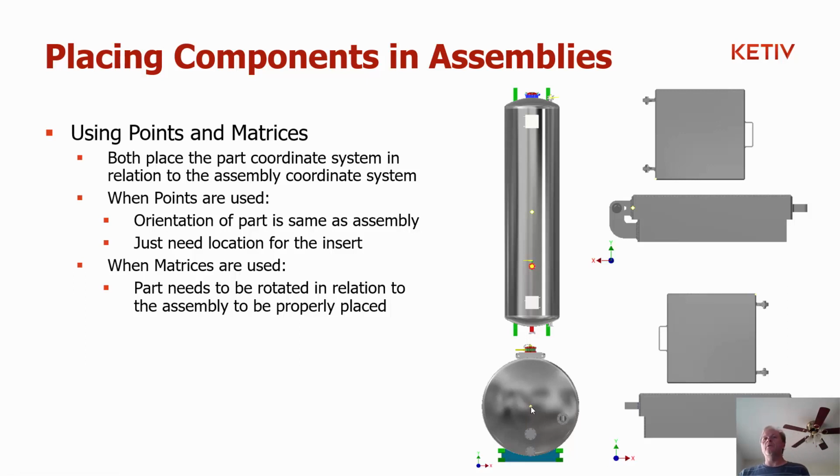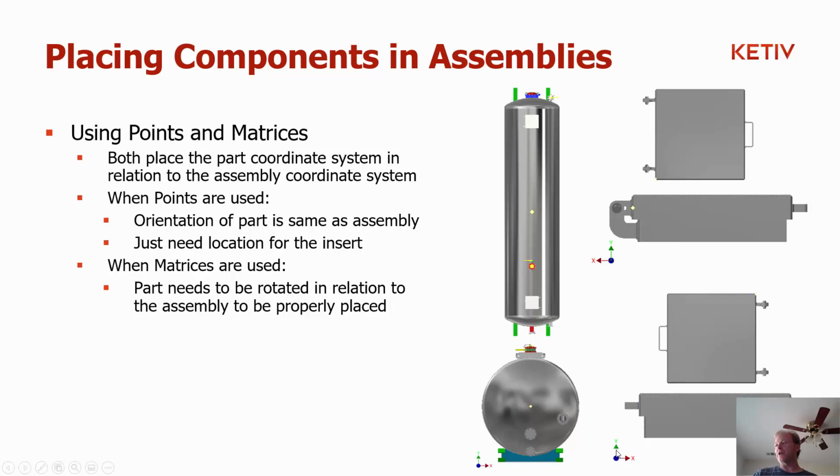Now, as I mentioned, we can use either points or matrices, and it's important to understand the difference between the two and when you need one versus the other. So putting in the hatches is a good example of when to use one or the other. In this case, notice that in the front, we want our hatch to open this way, which happens to be the way that it comes out of the box.